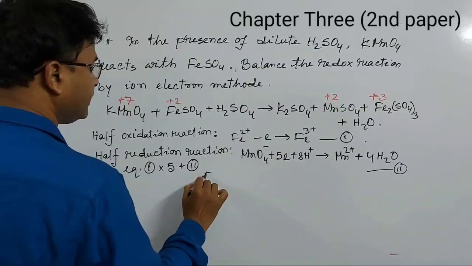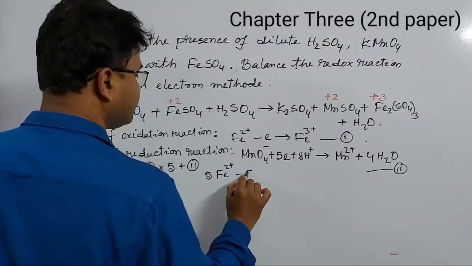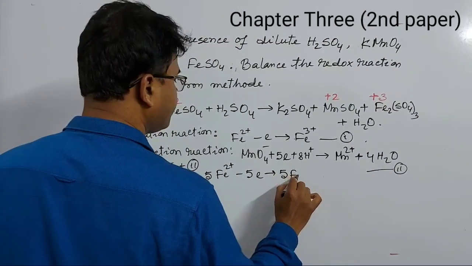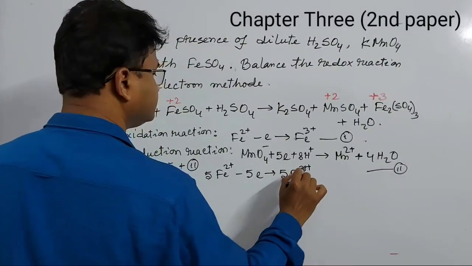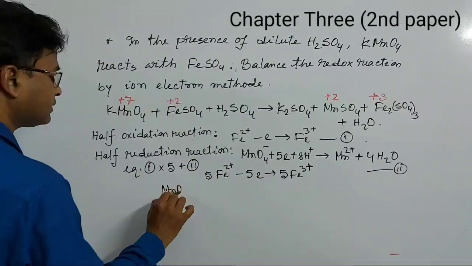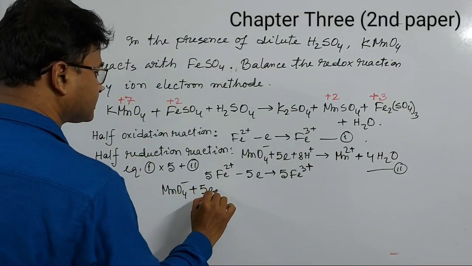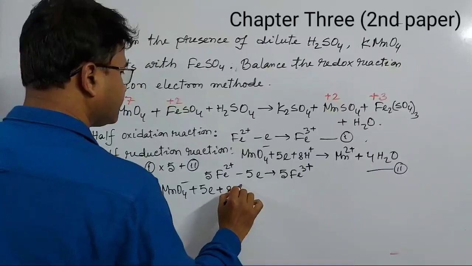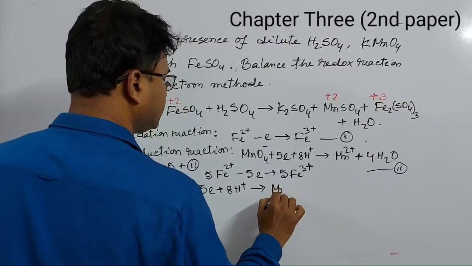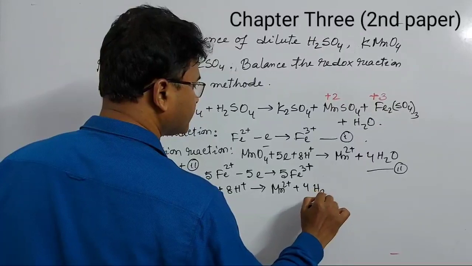So it will be 5 ferrous minus 5 electrons equal to 5 ferric ion, and permanganate ion plus 5 electrons plus 8 H plus ion, Mn2 plus 4 molecules of water.